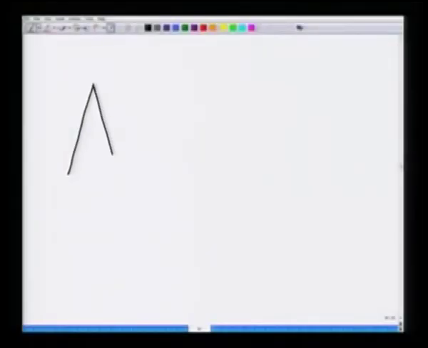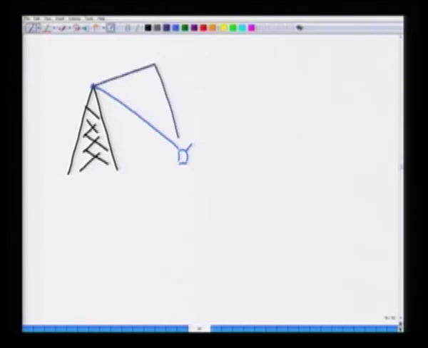All right. Now, let me start with a model. Let me again redraw the basic wireless system that we had earlier, which is there is a direct line of sight component or a direct path between the base station and the mobile station, and in addition there are several scatter paths between the base station and the mobile station.